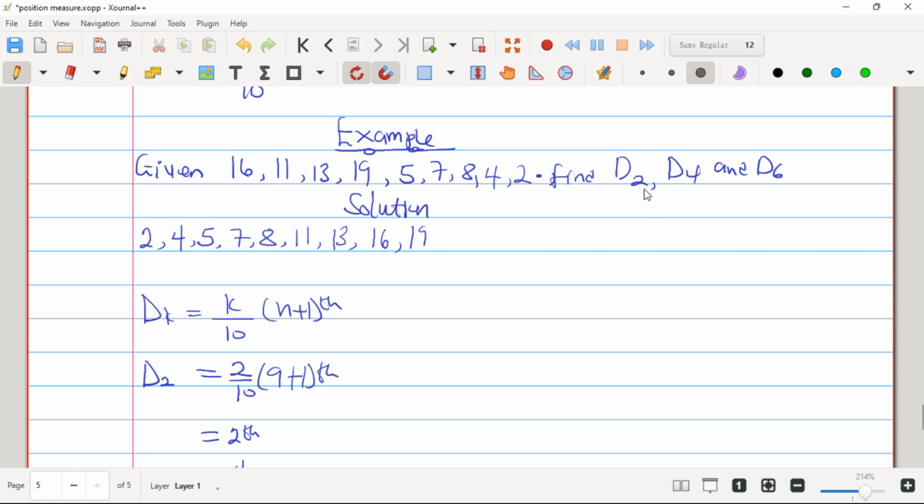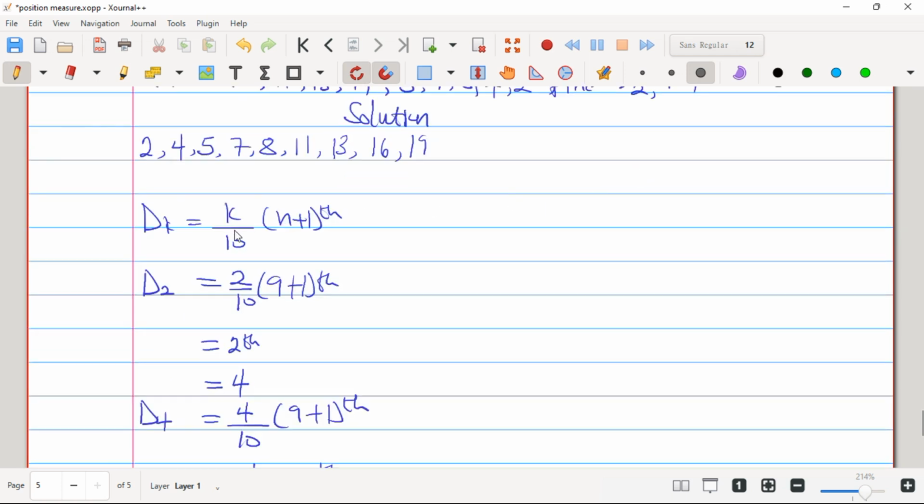So here, we will be solving for D subscript 2, right? So anywhere you see K, you replace it by 2. So D subscript 2 is equal to 2 divided by 10 times 9 plus 1 position, because we know that our n is 9. When you count this, 1, 2, 3, 4, 5, 6, 7, 8, 9.